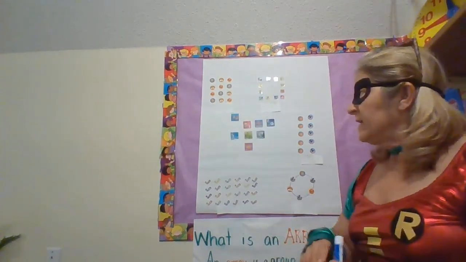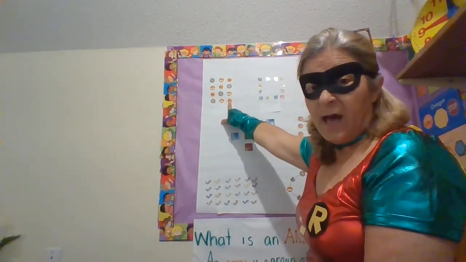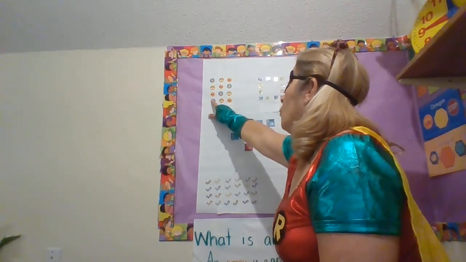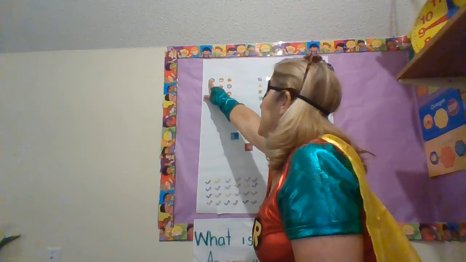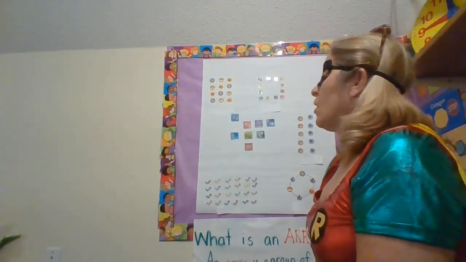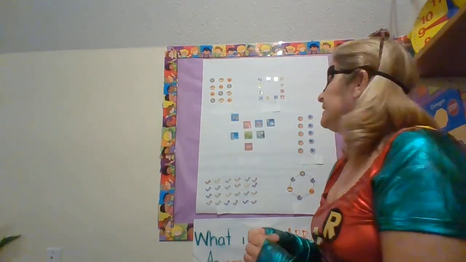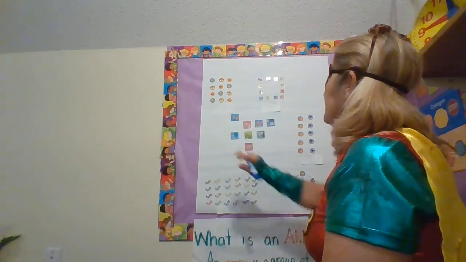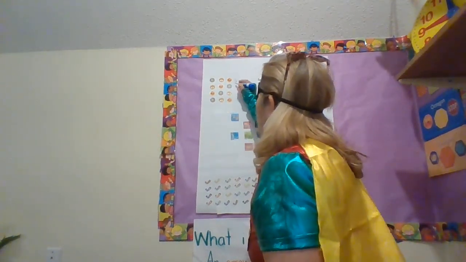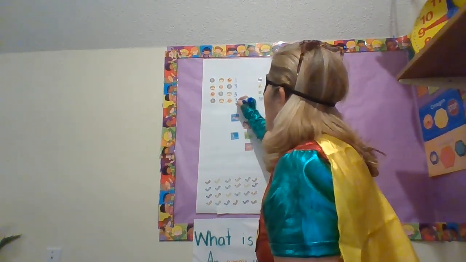So when we look at this, we have 1, 2, 3 columns, and in each column there are 1, 2, 3, 4 rows. So if we are going to write a repeated addition sentence, we can say there's 3 here, there's 3, 3 more, and 3 more.